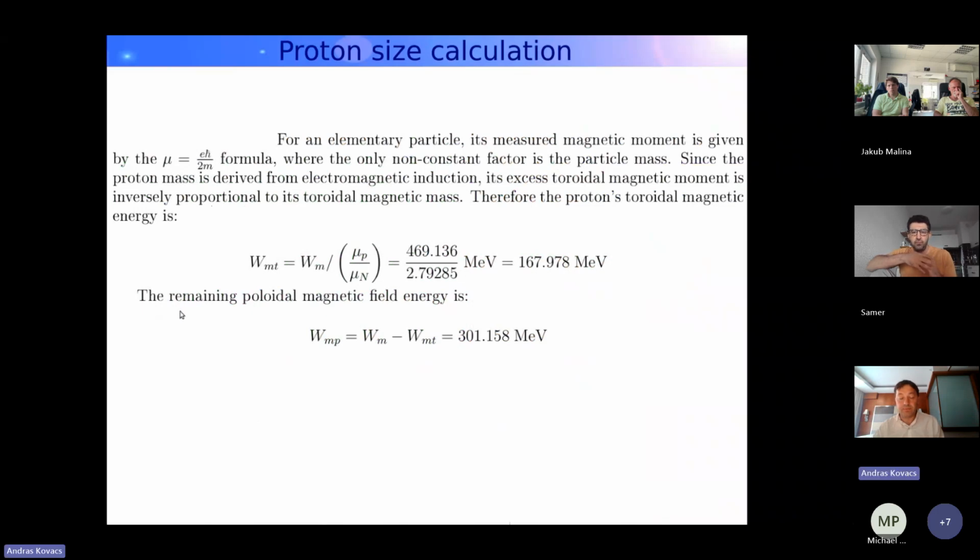And then the remaining magnetic mass is the poloidal magnetic mass, that is given simply by subtraction. So from the magnetic moment, we can identify what is the toroidal and poloidal part of the magnetic mass. And again, I want to emphasize that the reason why we could do it is that what we experimentally measure is the toroidal part of the magnetic moment.